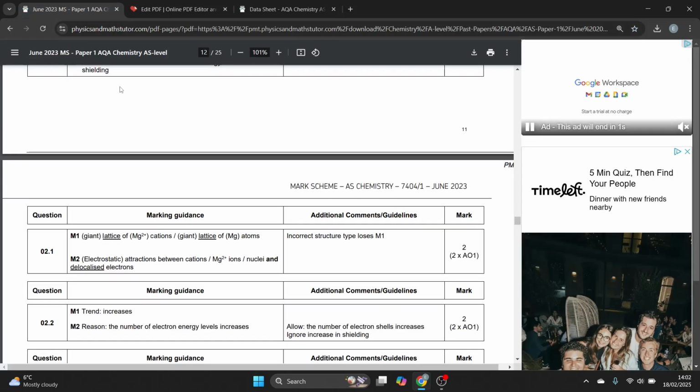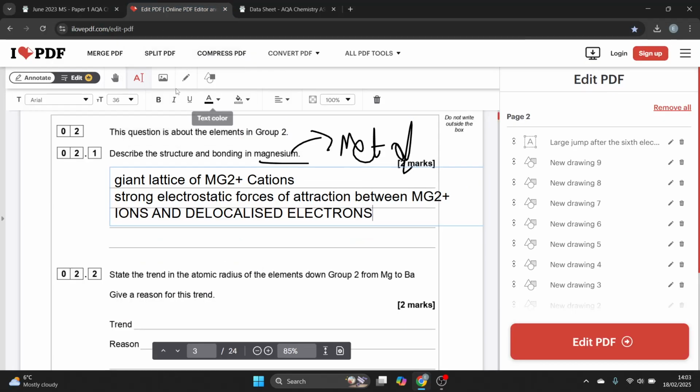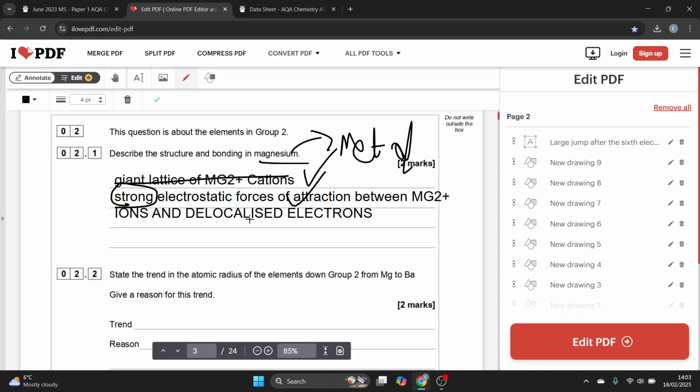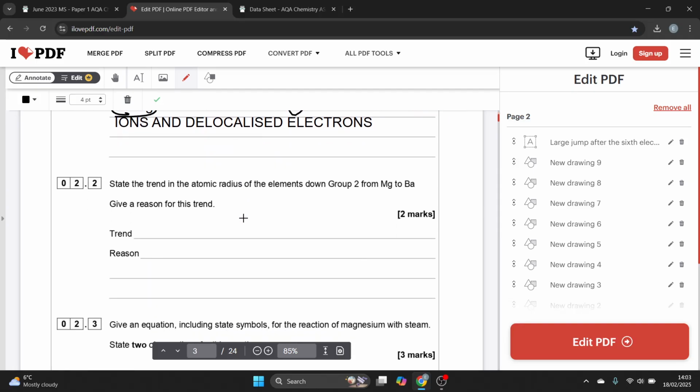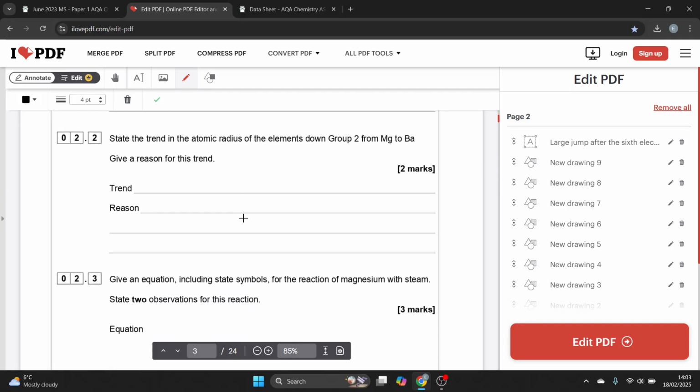The giant lattice of Mg2 plus ions, electrostatic attraction between 2 plus ions and delocalized electrons. Yeah, I just said strong electrostatic forces of attraction. I always like to say that. But yeah, giant lattice of Mg2 plus cations, electrostatic forces of attraction between Mg2 plus ions and delocalized electrons.